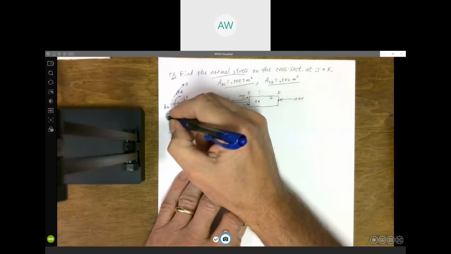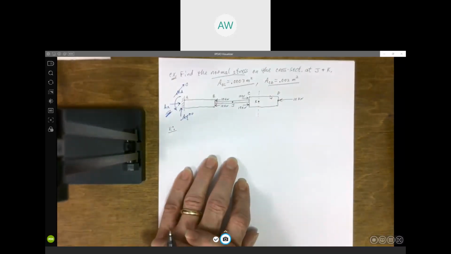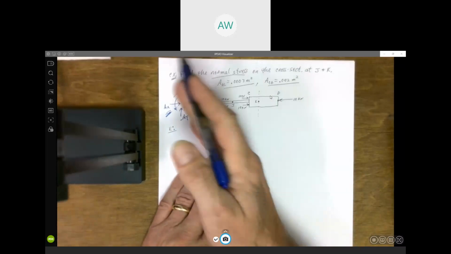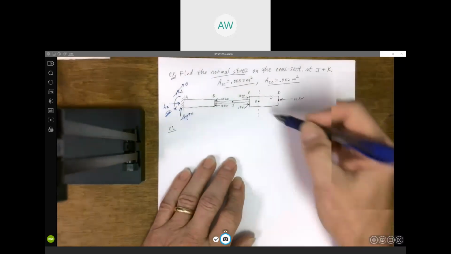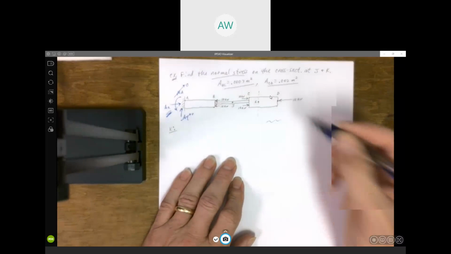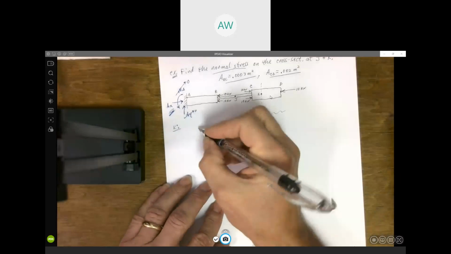But AX is not 0, so we would have to calculate AX. Plus, we've got a lot more stuff over here to deal with. So it just makes sense, if we're going to cut it, to use the right side. We don't have to find any support reactions, and there's not a whole lot over here.